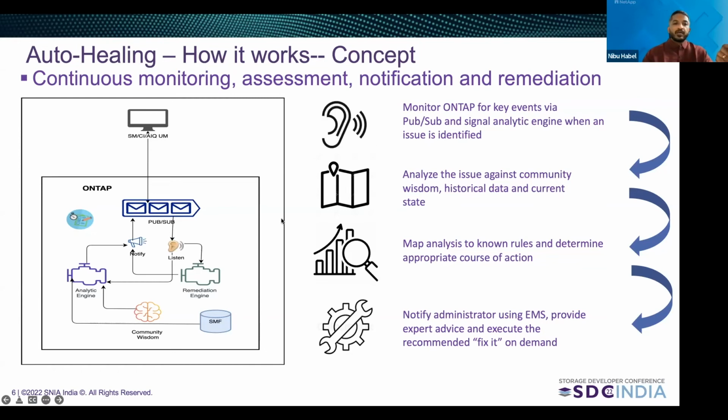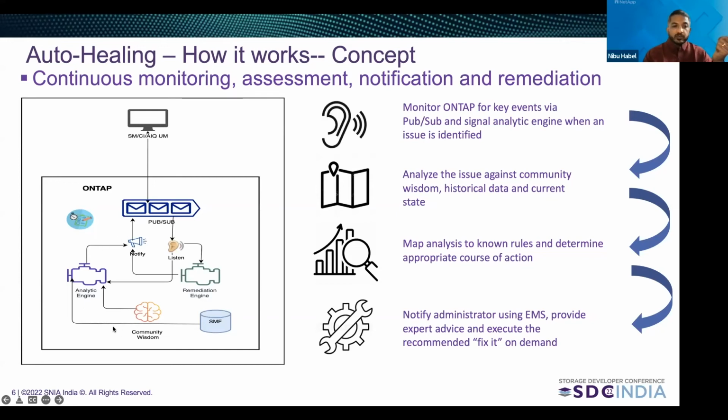Let's look at the block diagram and try to understand what was just being explained. If you look at the ONTAP box, it has the PubSub channel, just like what I spoke through. It has an analytics engine which runs and compares this community wisdom against an issue that is being formed or notified on the PubSub channel.